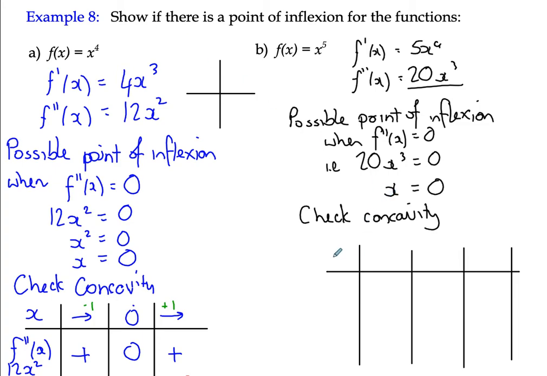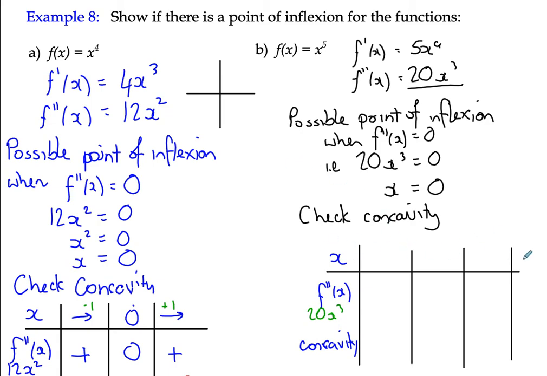On the left hand side we'll put x and we'll put the second derivative. If it helps to write that in, then do so, just as a wee reminder. That's 20x cubed. And we also want to put a wee label on the left hand side, concavity. A bit like you would do with a nature table. You'd write the slope or the kind of shape of the gradient on the left hand side.